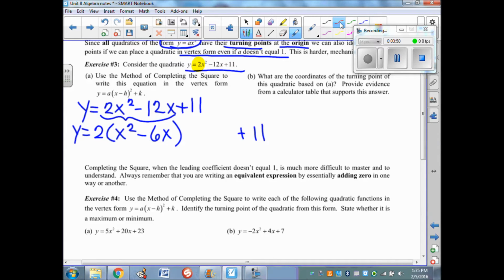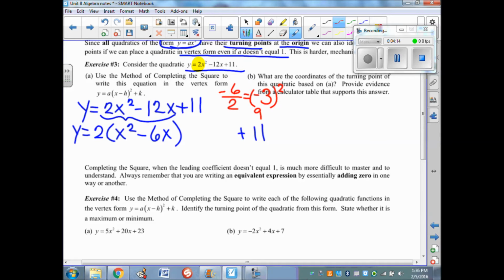Now I start my process. I need to take half of b and square it. My b right now is negative 6. If I take half of negative 6 and square it, that's going to become 9. So where am I going to place that 9?